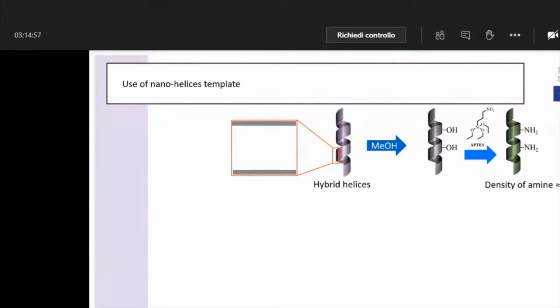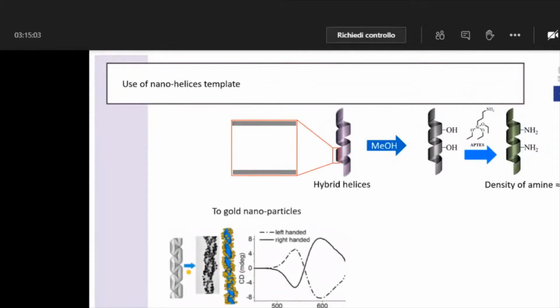This is very easy to use afterwards to graft, for example, gold nanoparticles on the surface, and on the CD measurement, you can observe a nice circular dichroism at the wavelength of the plasmon of the gold. So it means the gold nanoparticles are interacting together to give chiroptical property to your material.